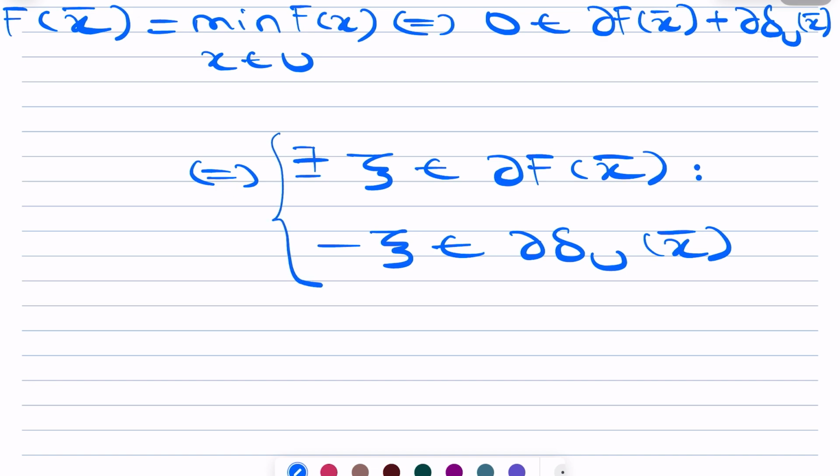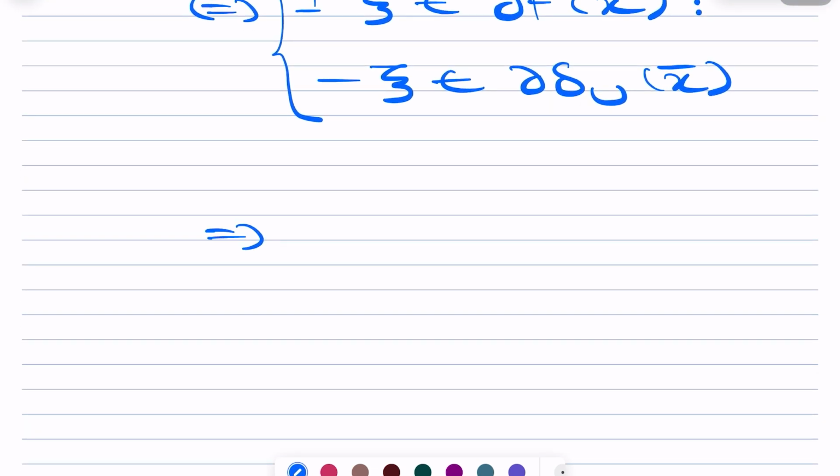Now this is equivalent, by characterization, to the normal cone.